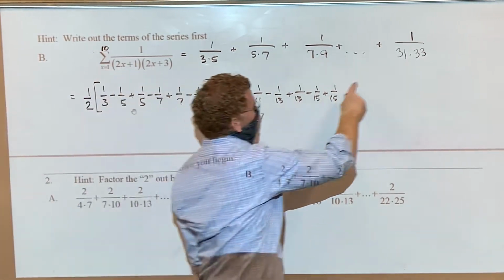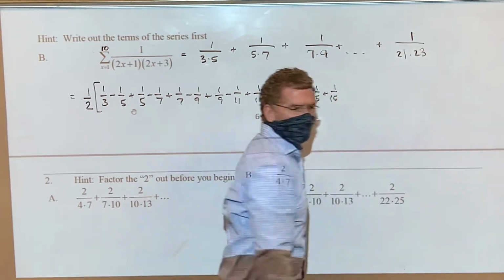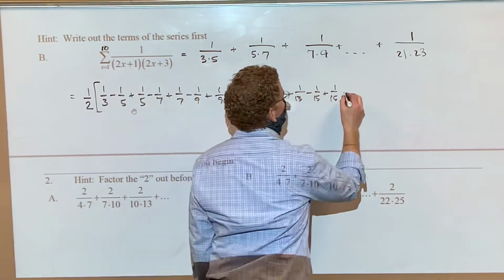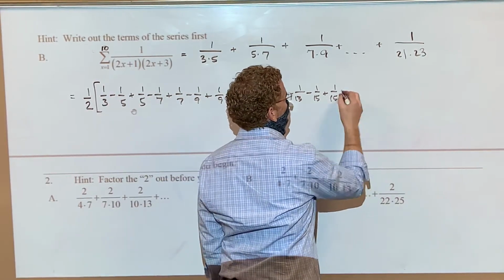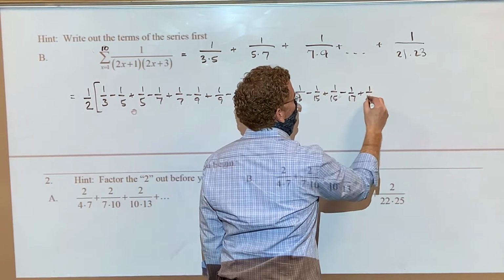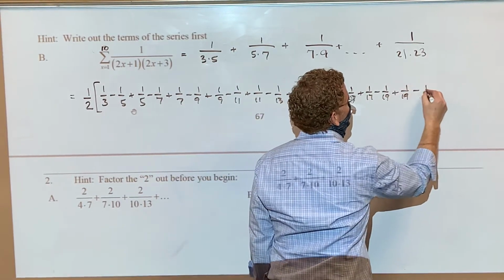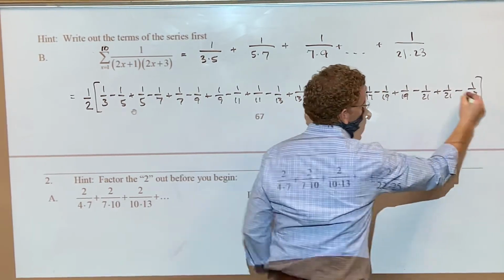So at a 10, this would be 21 and 23. Sorry, I'm just trying to illustrate a point. So 1/15 minus 1/17, 1/17 minus 1/19, 1/19 minus 1/21, 1/21 minus 1/23.